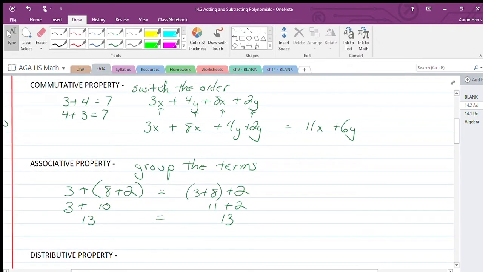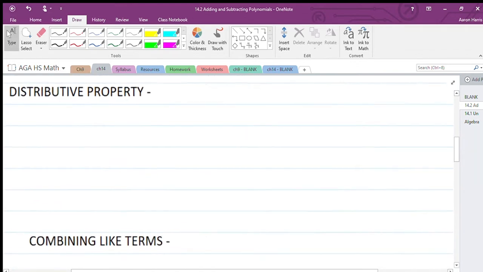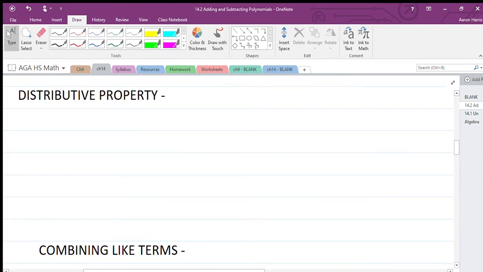Okay, so commutative, think about it. We want to just sit there and be able to switch the order. Okay, associative property, we're able to switch the grouping. And then, of course, we've already gone over this term, the distributive property, but the distributive property is nothing more than what? Multiplication. Okay, and what are you multiplying?